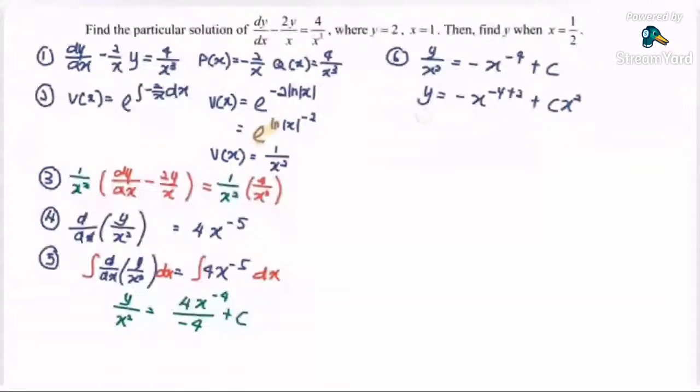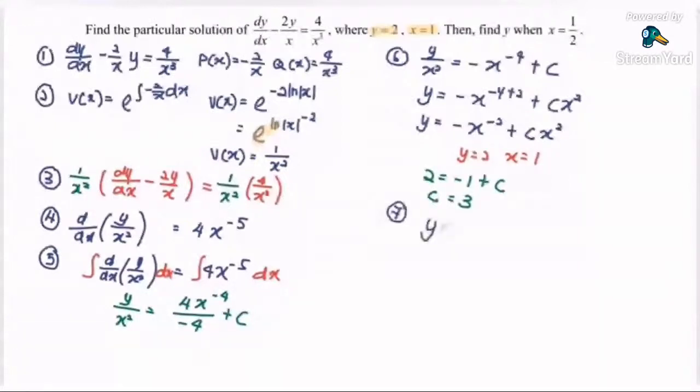Next, given the information y equals to 2 and x equals to 1, if we substitute, we will obtain 2 equals to negative 1 plus c. c will be equal to 3. Number 7, we have the particular solution: y equals to negative 1 over x squared plus 3x squared.